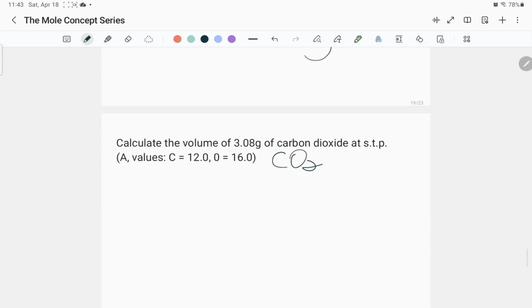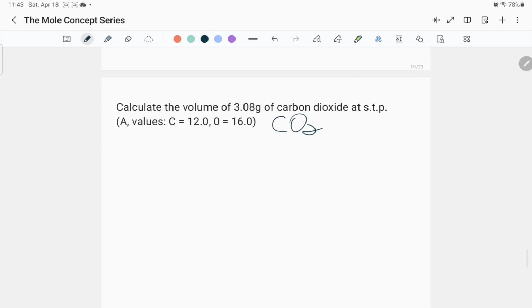Alright, so the next example, calculate the volume of 3.08 grams of carbon dioxide at STP. The relative atomic mass values are given. So how do we go about answering questions like this? Firstly, we must find the number of moles of the carbon dioxide. We are given a mass, and we can find the number of moles by finding the molar mass of carbon dioxide and then dividing the two.